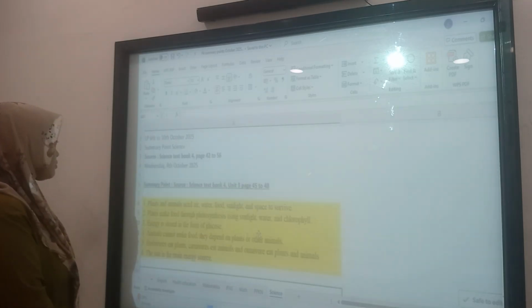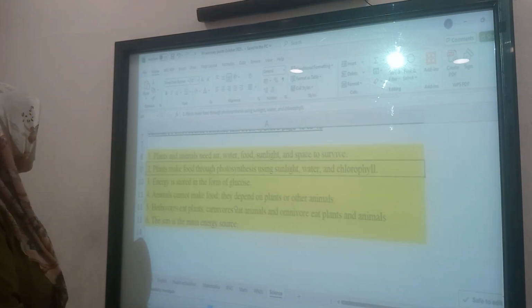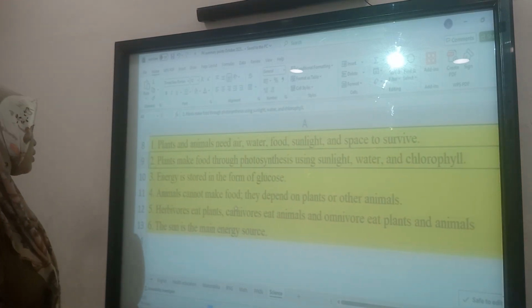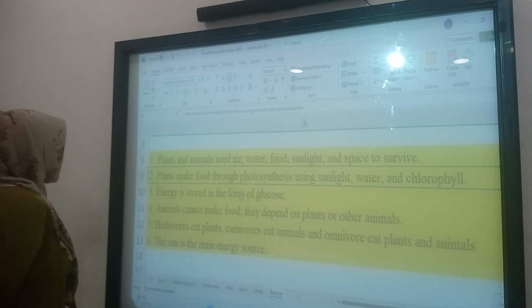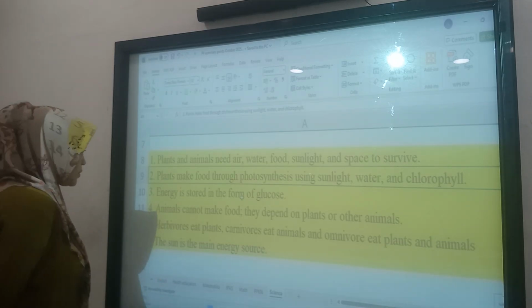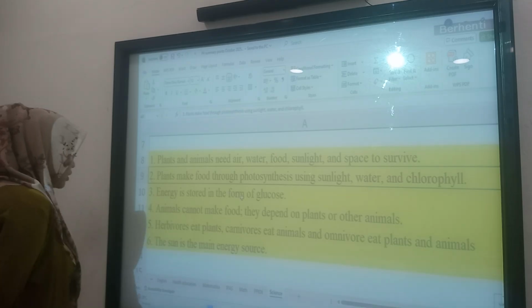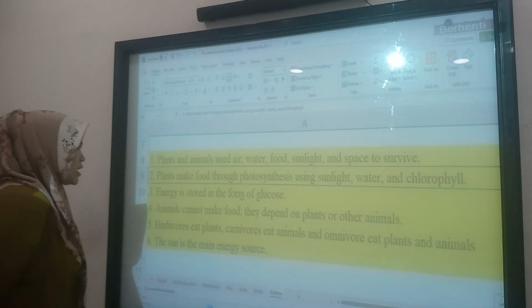This number has a summary point because this is the review. Can you explain from number one: plants and animals need air, water, food, sunlight and space to survive. In this chapter we learn how plants and animals get their energy.